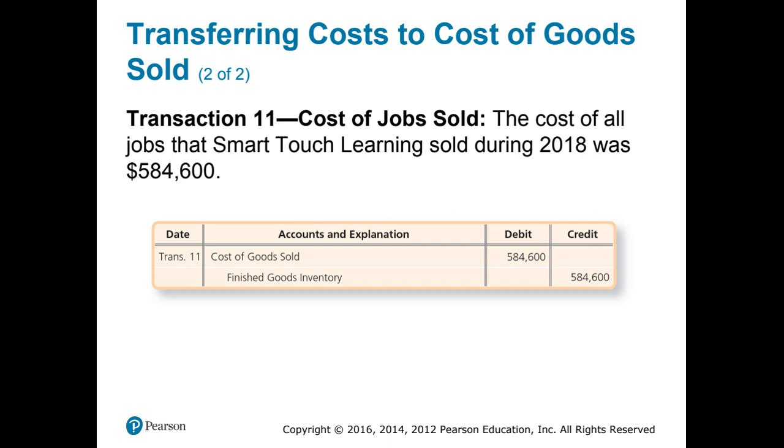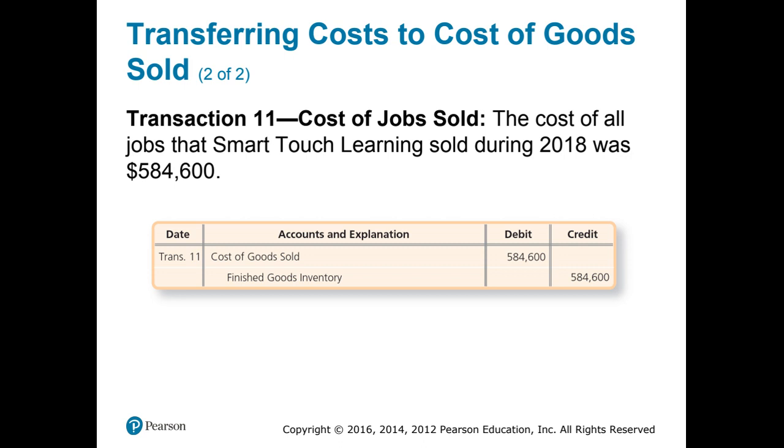We're going to assume that Smart Touch Learning uses a perpetual inventory system, and the company must decrease their finished goods inventory account and increase their cost of goods sold with a journal entry. So we're going to debit the cost of goods sold account by $584,600, and credit our finished goods inventory account by $584,600.